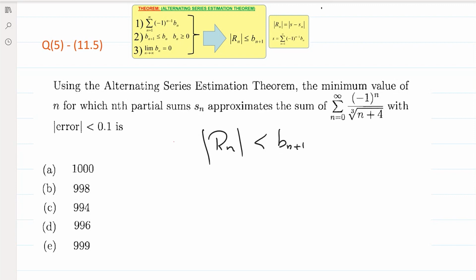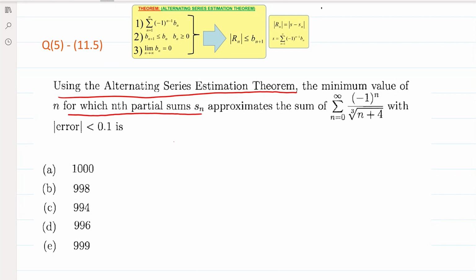So in general, guys, let's see this question. Using the alternating series estimation theorem, find the minimum value of n for which the partial sum Sn approximates the sum of this series with error less than 0.1.